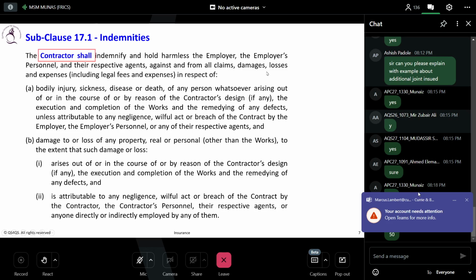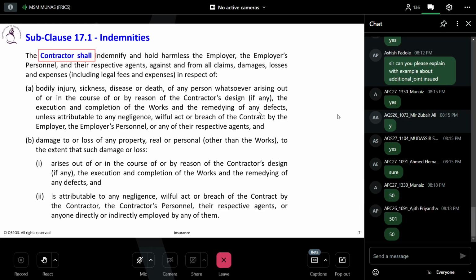all claims, damages, losses, and expenses, including legal fees and expenses, in respect of the following points: bodily injury, sickness, disease, or death of any person whatsoever arising out of or in the course of or by reason of the contractor's design, if any, the execution and completion of the works, and remedying any defects, unless attributable to any negligence, willful act, or breach of the contract by the employer or employer personnel or any of their respective agents.